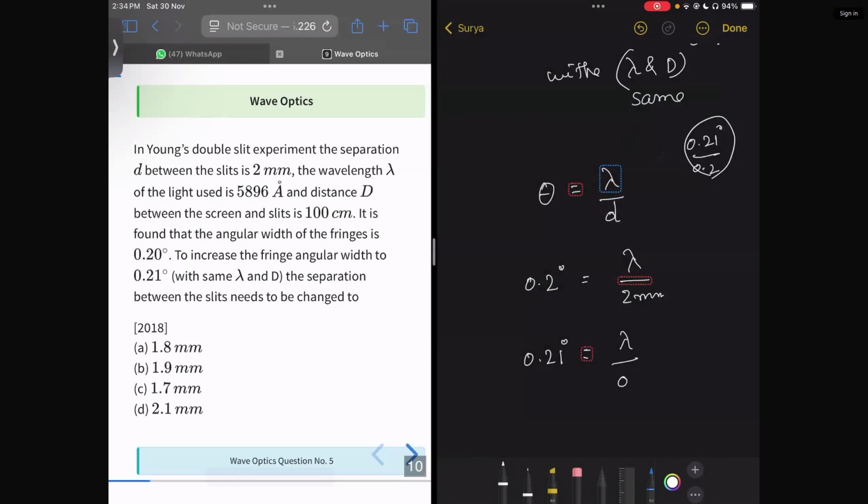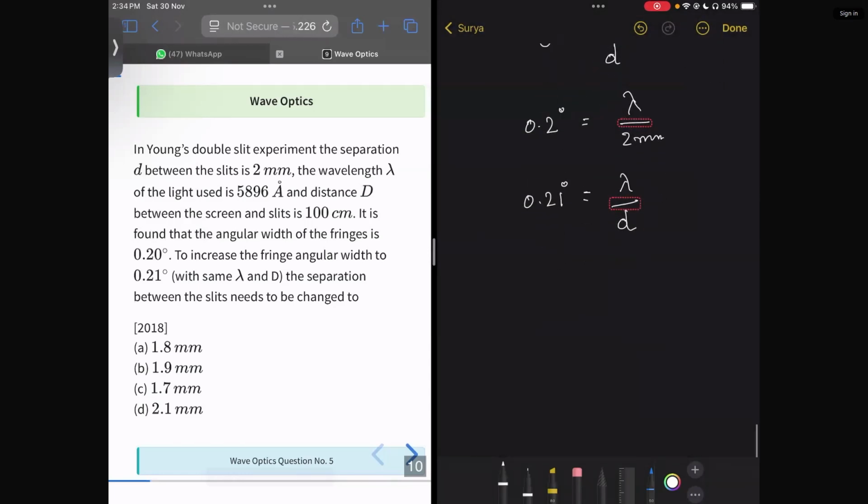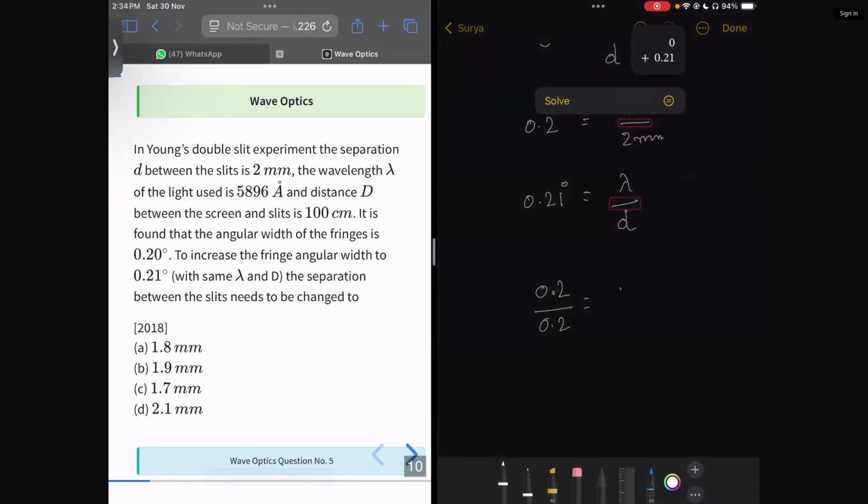If you divide both, 0.2 divided by 0.21 is equal to d by 2.